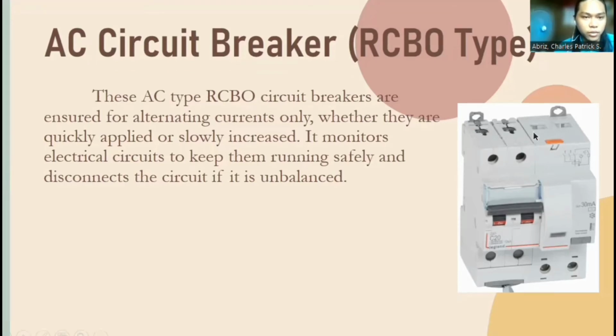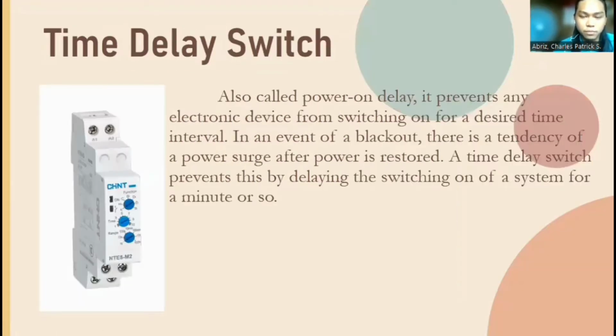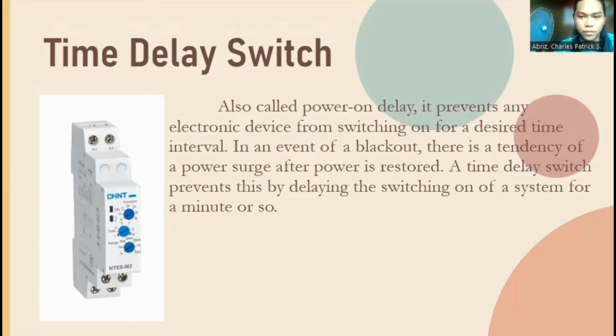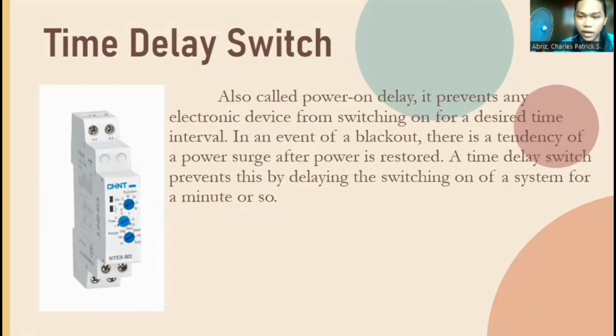Next, we have a time delay switch, also called the power on delay. It prevents any electronic device from switching on for a desired time interval. In the event of a blackout, there's a tendency of a power surge after power is restored. A time delay switch prevents this by delaying the switching on of the system for a minute or so.